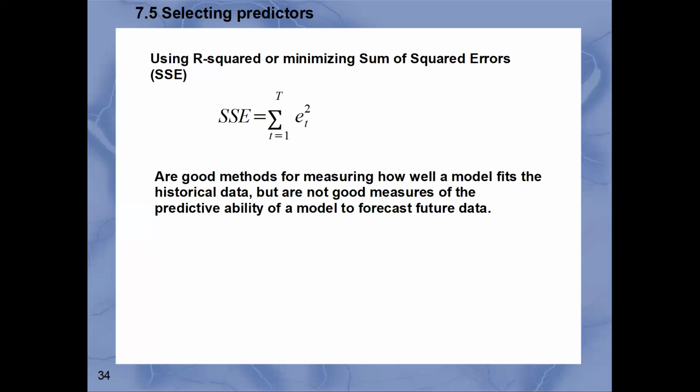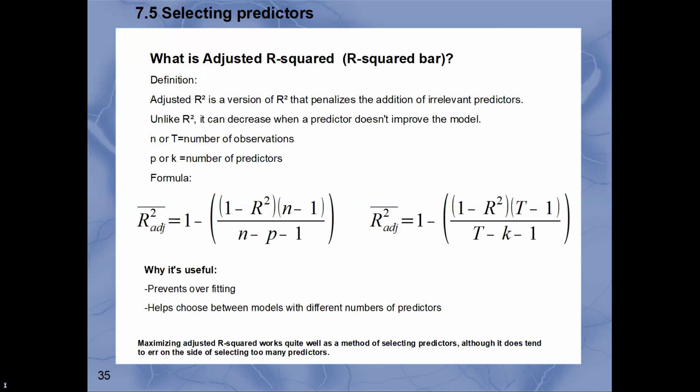So if all the historical data lies on the model, then R squared will be equal to 1. But it's not a good measure of the predictive ability of the model to forecast future data. R squared will tell you really well if your model fits the data, but not if your model will predict the future data.